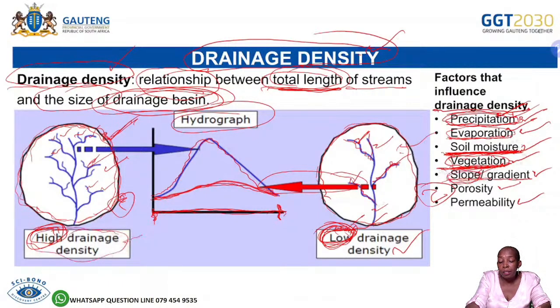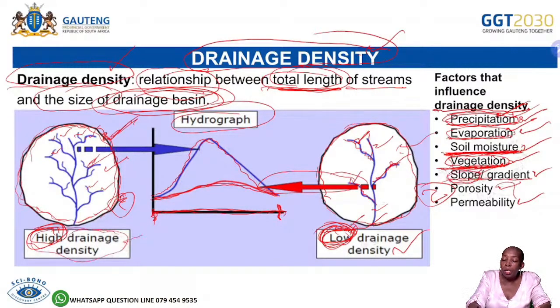Where the slope is steep, there will be more surface runoff, and the density there would be high. And where the surface area is gentle, there will be less water on the surface, and the drainage density there would be low.